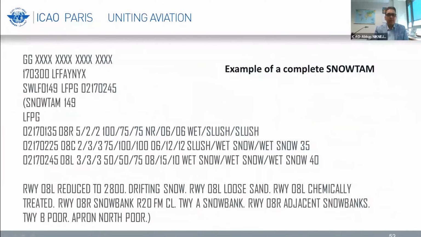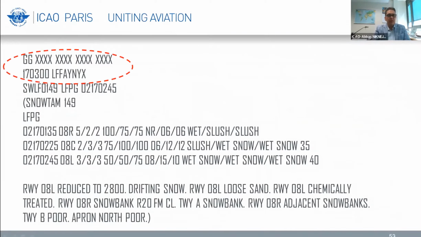So a complete example of a Snowtam, this is the last part. You can see on the top, the first two lines are the general items included in any ATS message. The first line is the priority, which for a Snowtam is always GG, and then the addresses. The second line is the originator line, the day and time of the origination of this message, and also the originator, here Bordeaux Snowtam office.